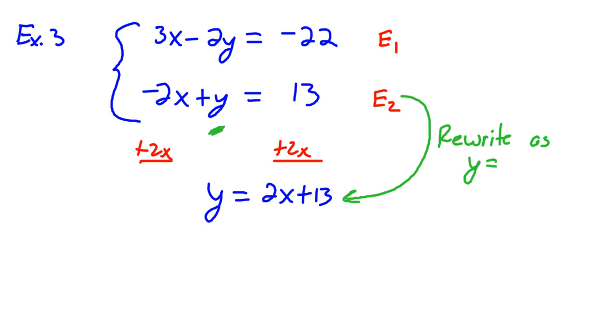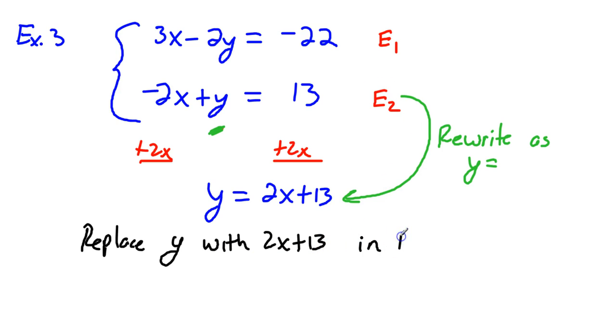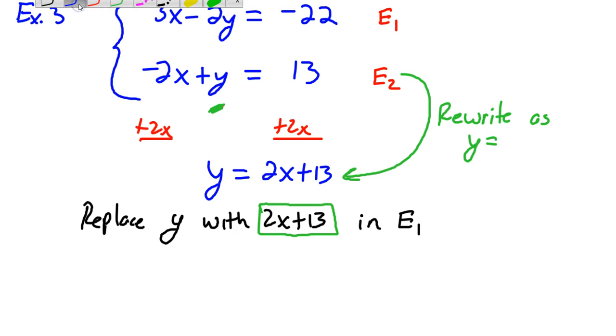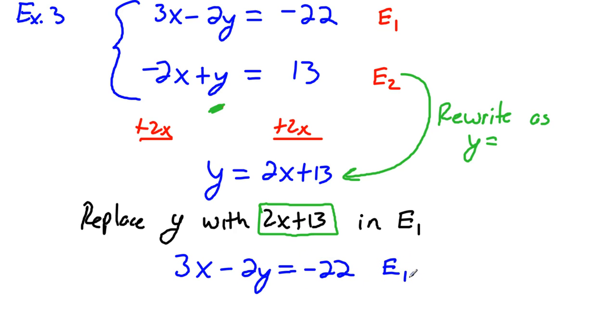This came out of equation 2, so now we're going to replace y with 2x plus 13 in equation 1. We had 3x minus 2y equals negative 22 for equation 1, so we take y and replace it with the 2x plus 13.